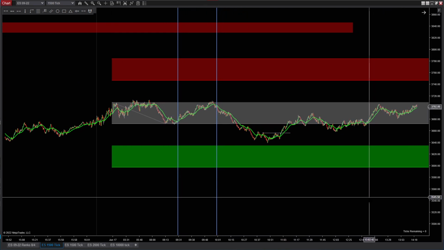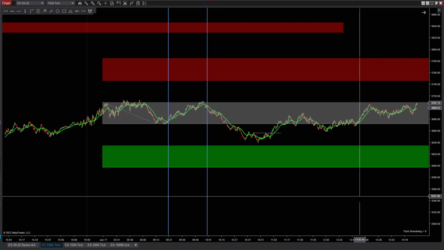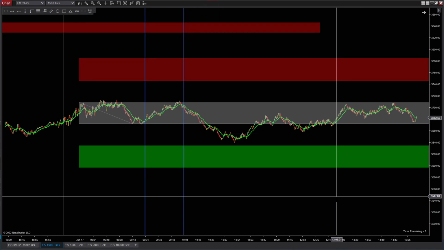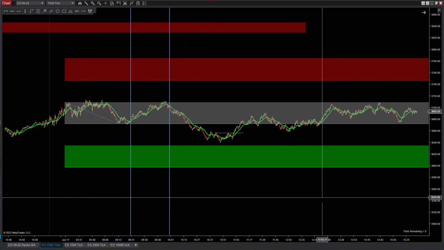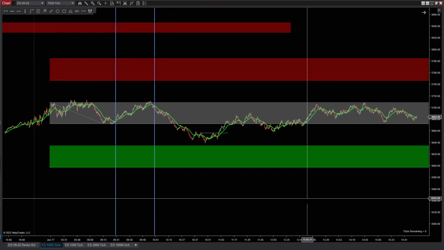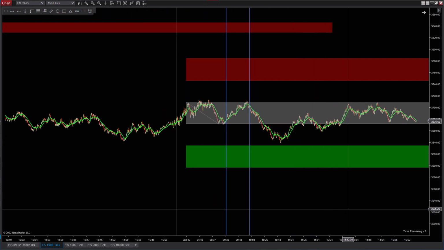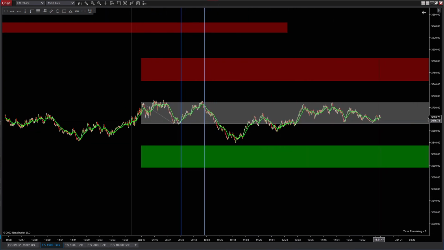Okay, and then let's see, it's 1 p.m., and also it was a Friday. It was expected to be a range day. Look at this, right? Side movement all the way across, and the day was over.